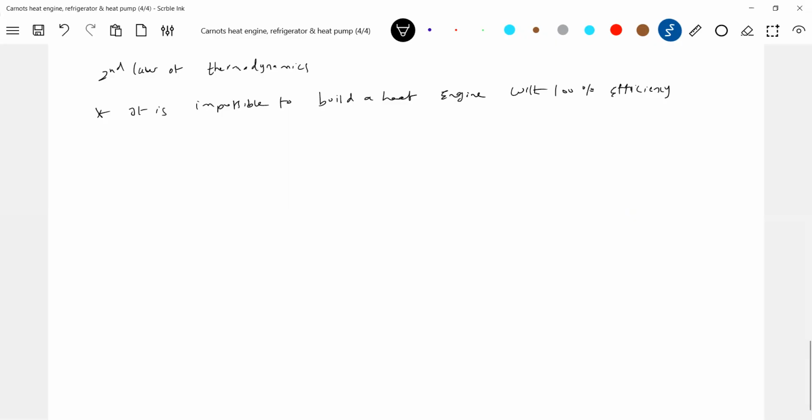I think that is not possible, no. Then the gas cannot undergo isothermal expansion and compression. So in physics, I'm writing the second law of thermodynamics in terms of application.